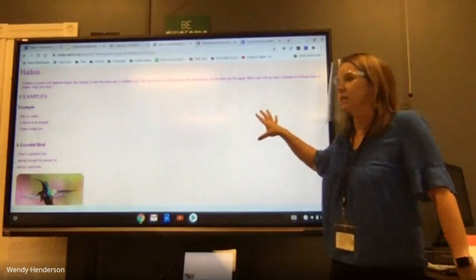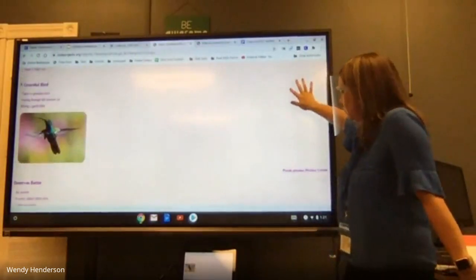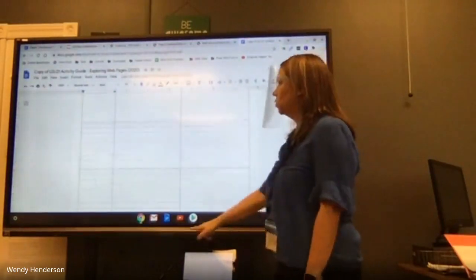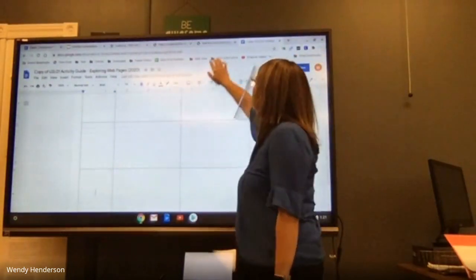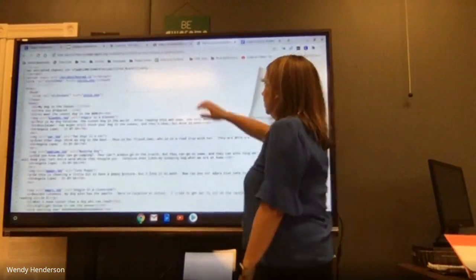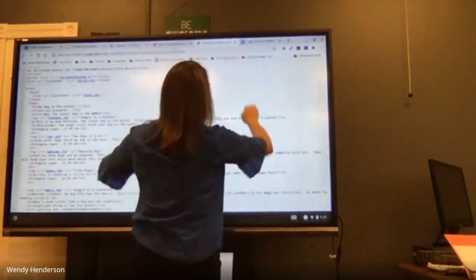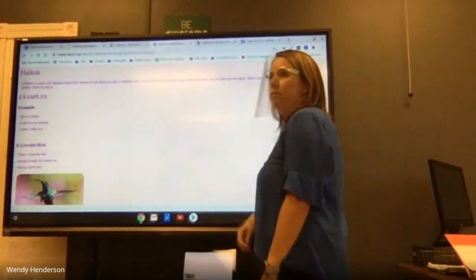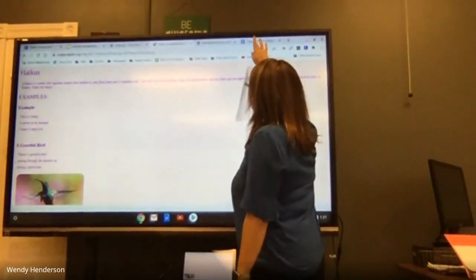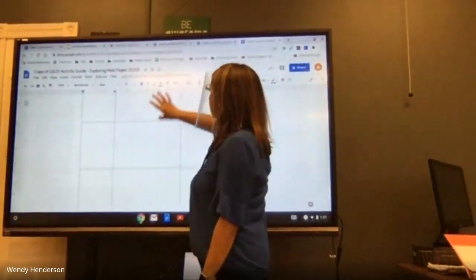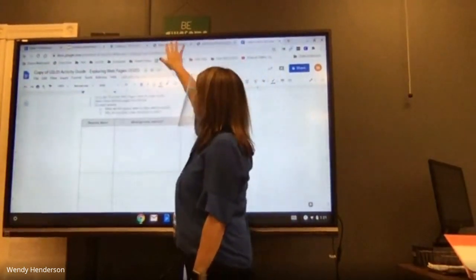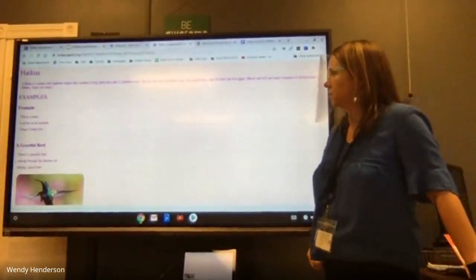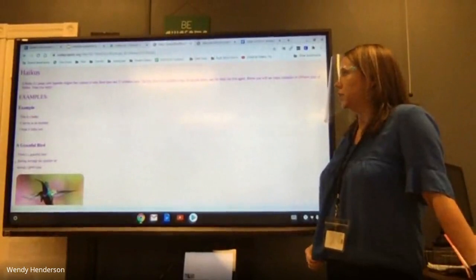So looking at this, let's go back to our activity guide. So what would we put here for website name? Haikus. So under what are they sharing, what are we gonna put?